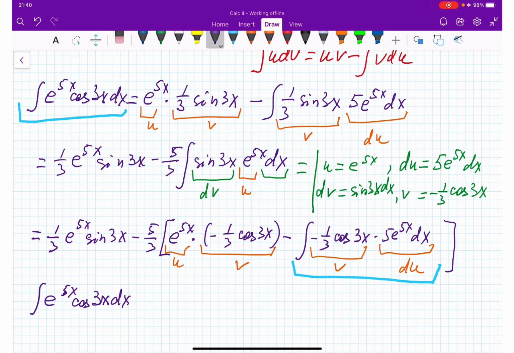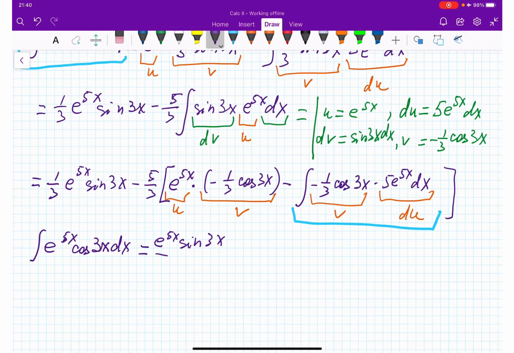It's going to be equal e to power 5x sine 3x divided by 3, right? First term. Then it's going to be plus, because I have minus here and minus here, so it's going to be plus 5/9 e to power 5x cosine 3x.